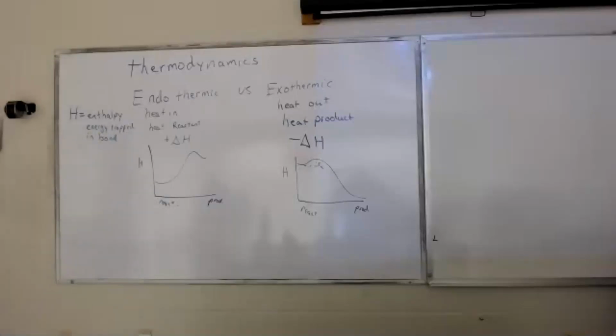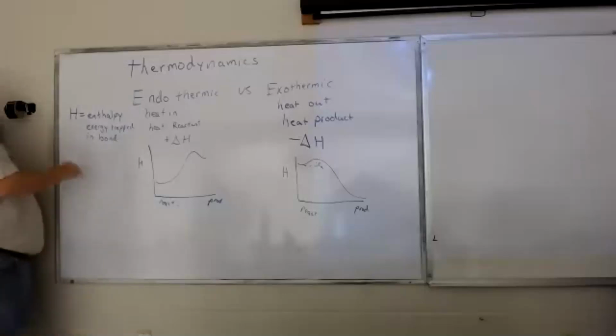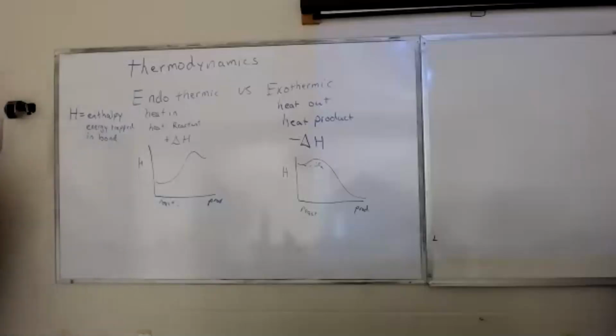Another name for that might be chemical energy. The energy stored in the bond. So when we burn gasoline to make our car go, the energy that we're releasing from that gasoline is what gives us the heat and the power to make our vehicle move.